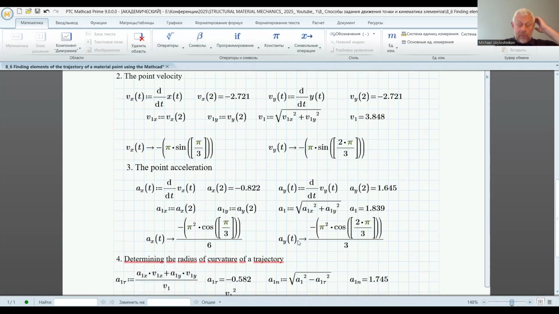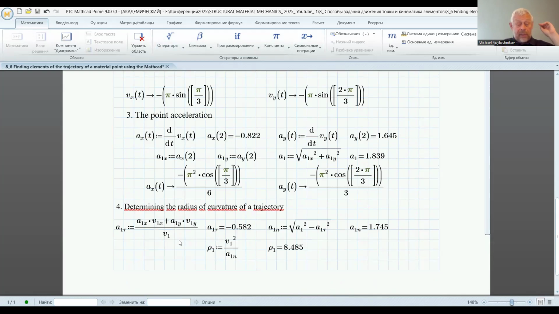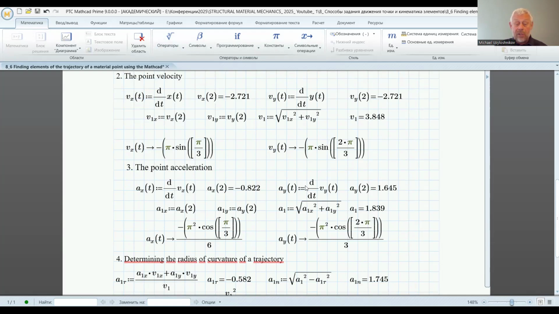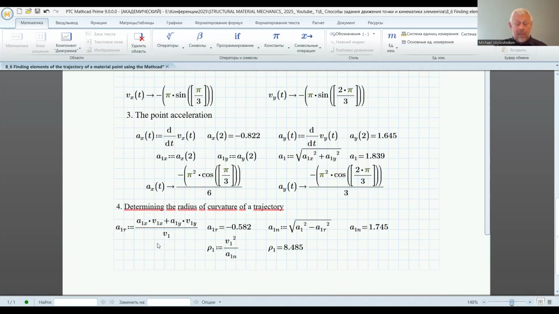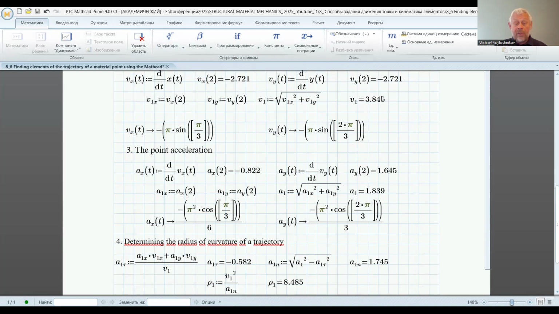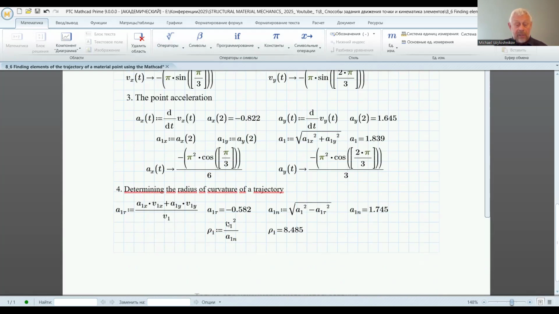We do the same for the acceleration, and after that we can find the tangential acceleration as the scalar product of the acceleration and velocity, having components of the velocity and components of the acceleration here, divided by the magnitude of the velocity, obtained by the Pythagorean theorem. And we have the tangential acceleration. Next, the normal acceleration is the square root of the magnitude of acceleration, 1.839, squared minus the tangential acceleration squared.